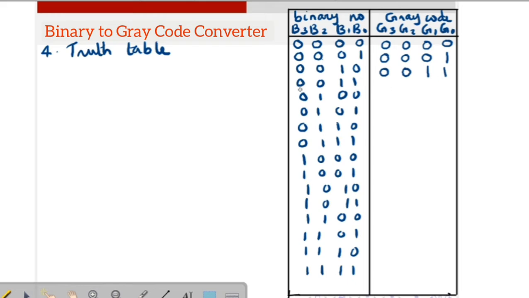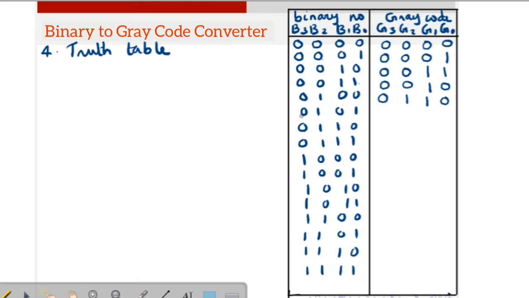Okay, then next, G3 is same as B3. Then for G2, compare B3 and B2, same, 0. So here it is different, 1. Then B1 and B0 same, so 0. Okay, here also G3 same as B3. Then here it is different, so 1. Here also different, 1. Then here same, 0.